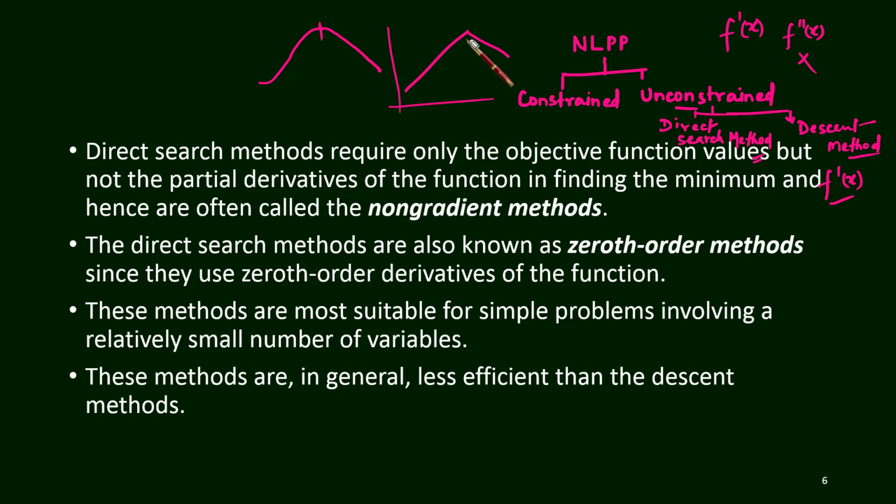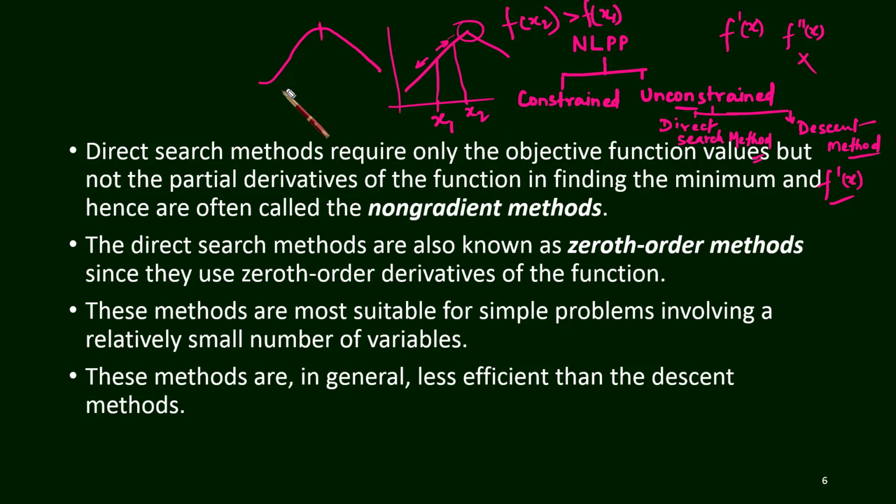So in this case what we do, we start from any value. Let's suppose this is x. Okay, we start from here and we move in either direction. Let's suppose this is x1, and if we see that f(x2) value is greater than f(x1), that means we are going in the right direction to reach the maximum.